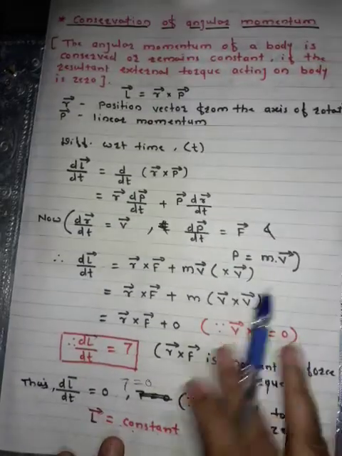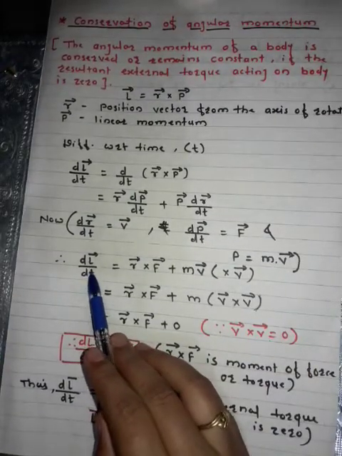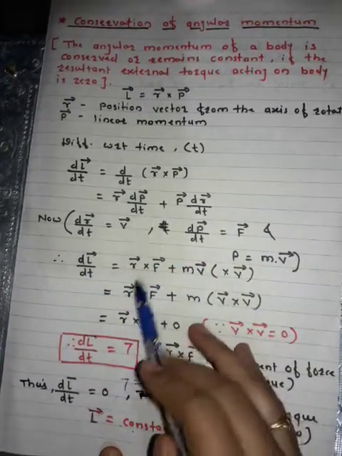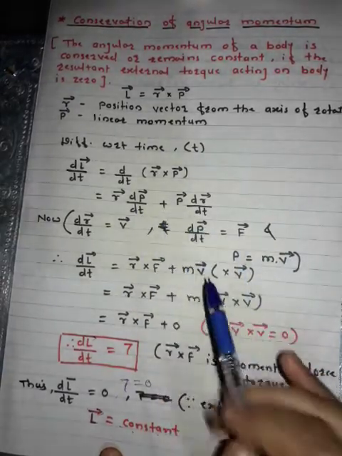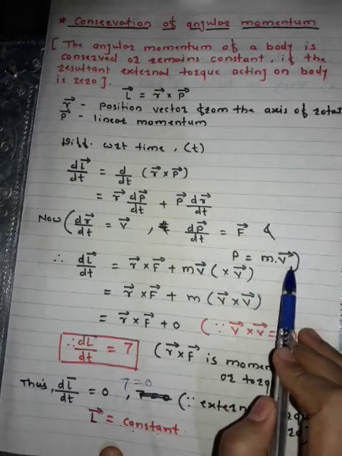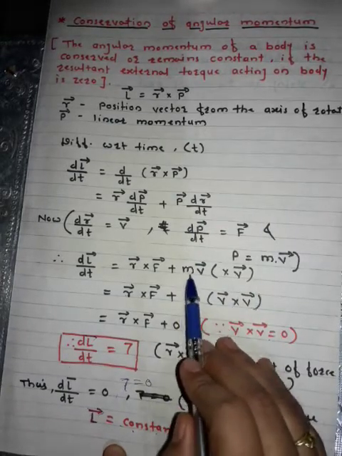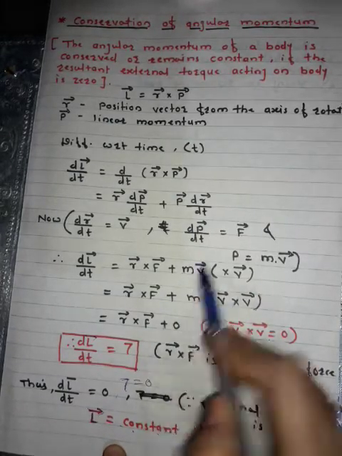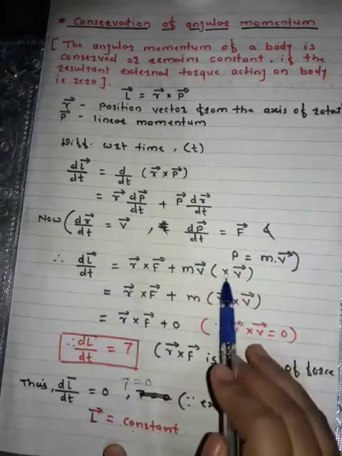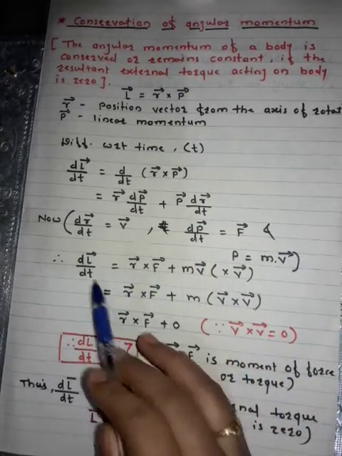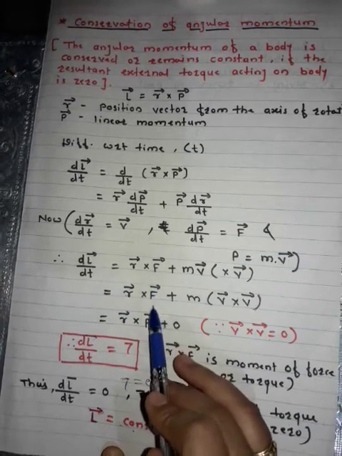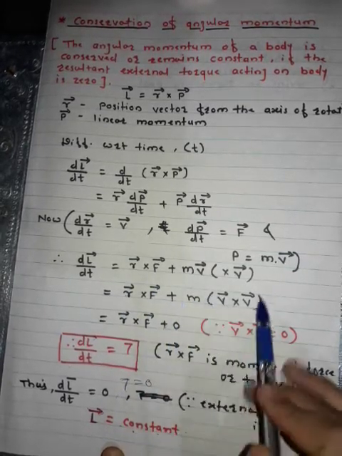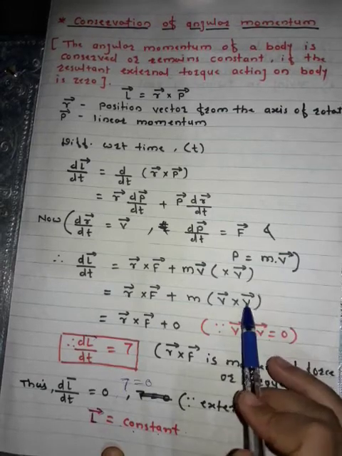Therefore dL bar by dt is equal to r bar cross F bar plus m into v bar cross v bar.